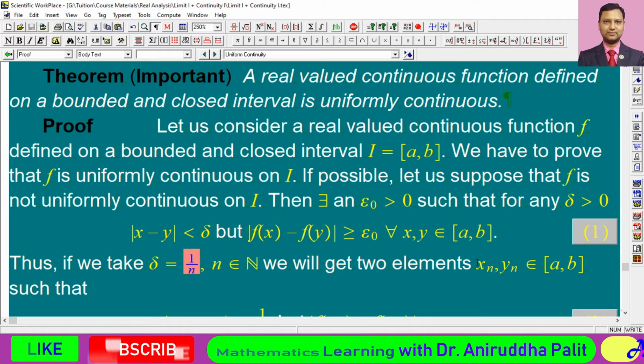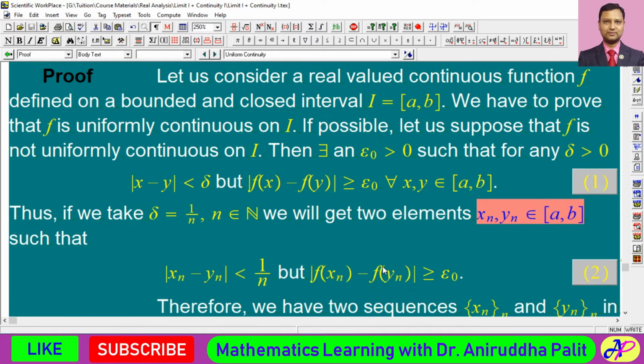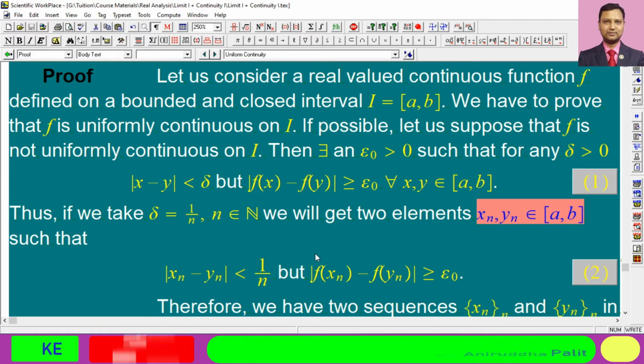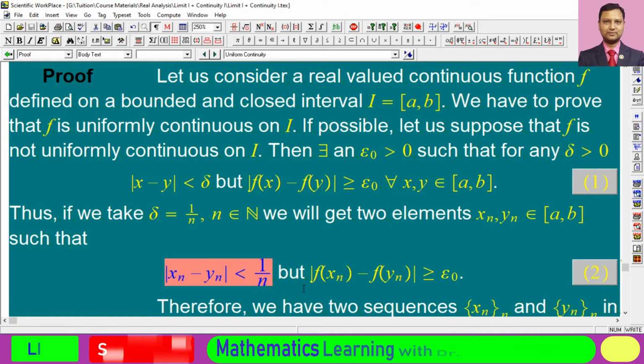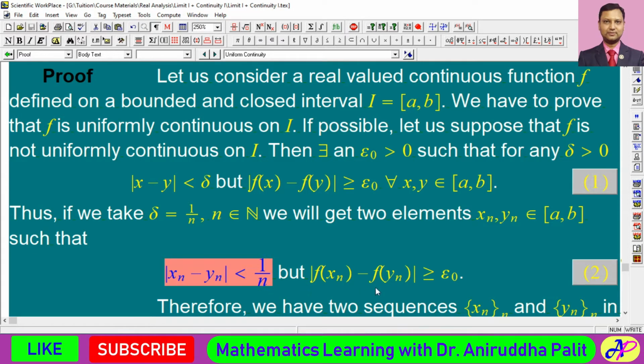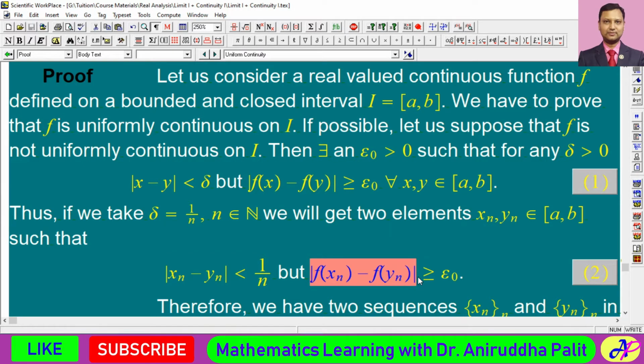Then for each such choice of the natural number n, we get two numbers, one is xn and another is yn, from this interval AB, such that modulus of xn minus yn is less than 1 by n, but modulus of f of xn minus f of yn is greater than or equal to epsilon 0.